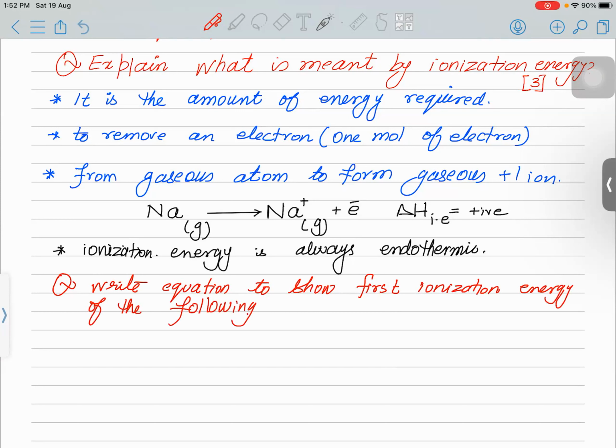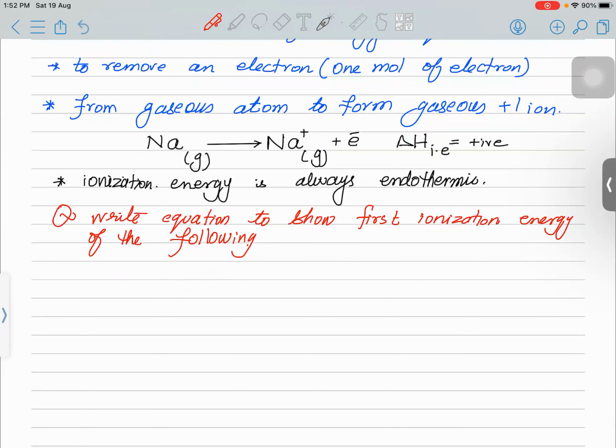The elements are carbon, sulfur, fluorine, calcium, bromine.